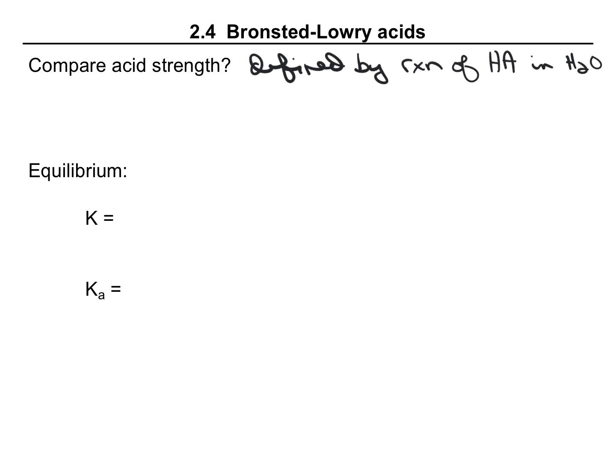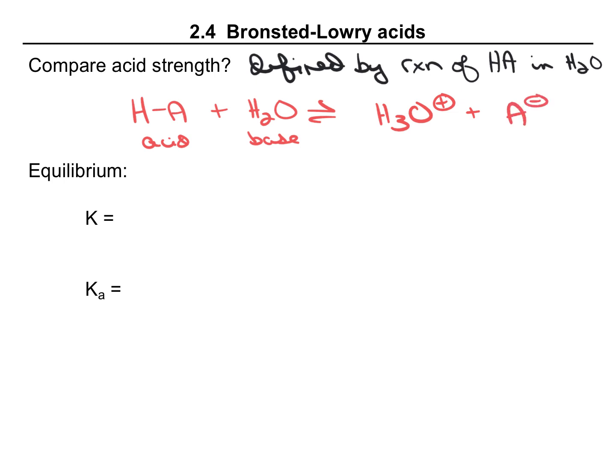So if we have our HA and this reacts in water, this will be our acid and water will act as our base, giving us H3O plus plus A minus. So this is our conjugate acid, and this is our conjugate base. Because if we're thinking about the reaction in the reverse direction, this is the one that loses a proton to become water. This is the one that gains a proton to become HA.